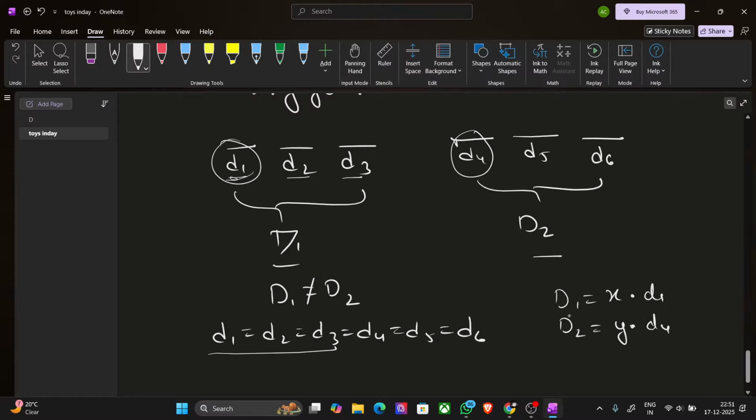As these are the same, I can take them as d1 times x and d4 times x.